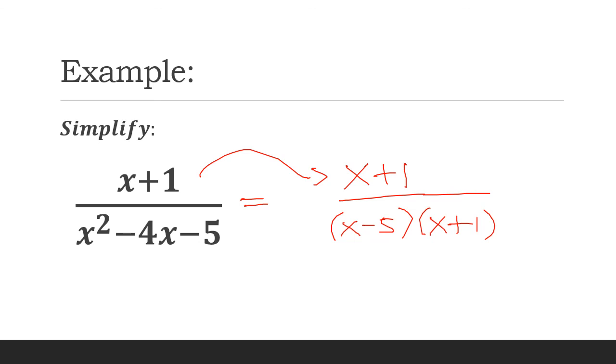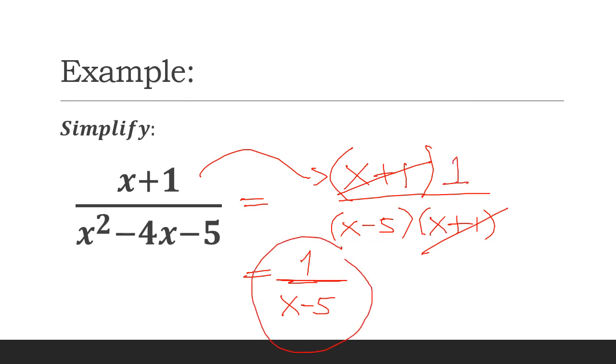So, ang pwede i-cancel ay yung magkapareho sa numerator at sa denominator. So, cancel sa x plus 1, cancel sa x plus 1. So, ang natira sa numerator ay 1 na lang yan. So, that's 1 over x minus 5. So, kaya 1 yung numerator. Ang factor nitong x plus 1 ay x plus 1 times 1. So, yun yung final answer natin, 1 over x minus 5.